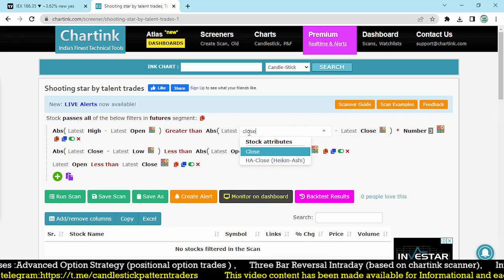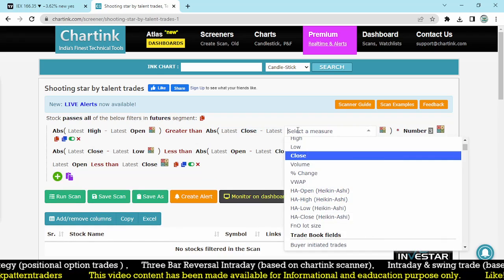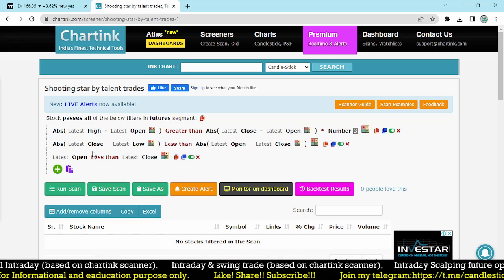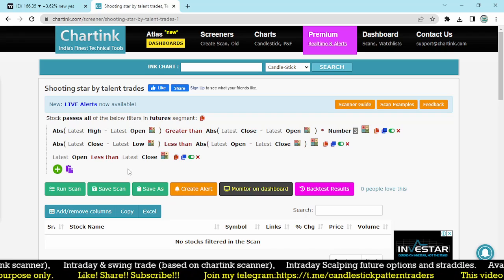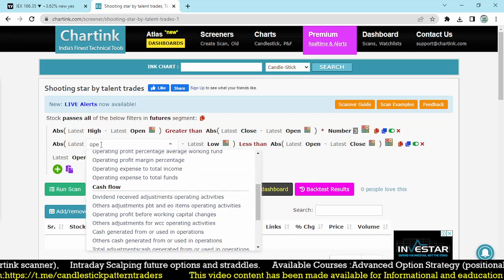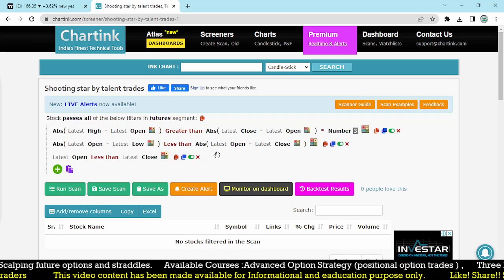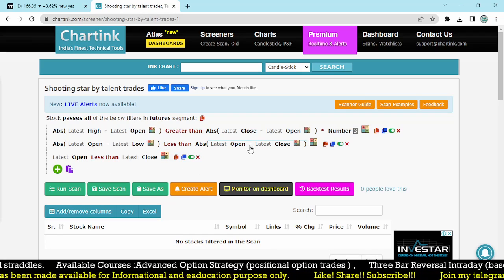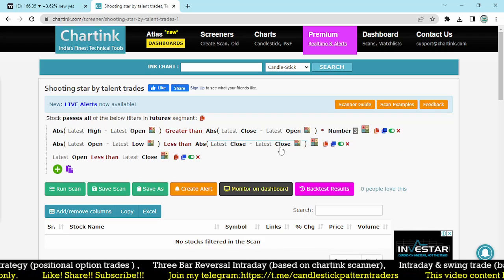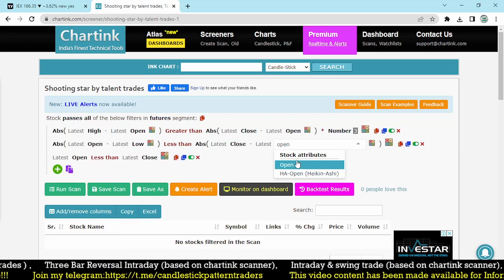Close minus open should be the small change, and for the lower wick, the latest low: open minus low, not close minus low. Open minus low is less than open minus close or close minus open. So we are changing some conditions so that it will find the candle.